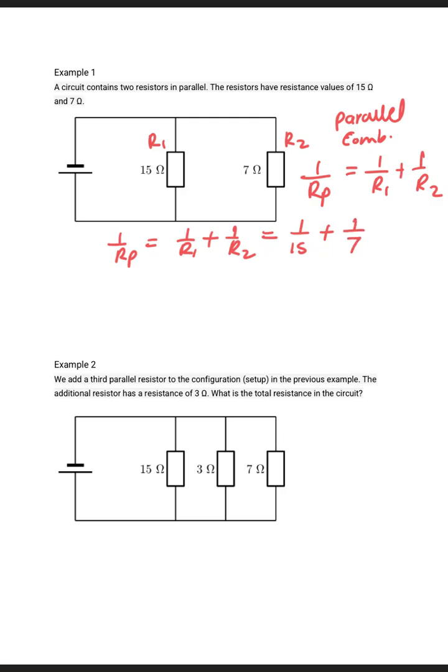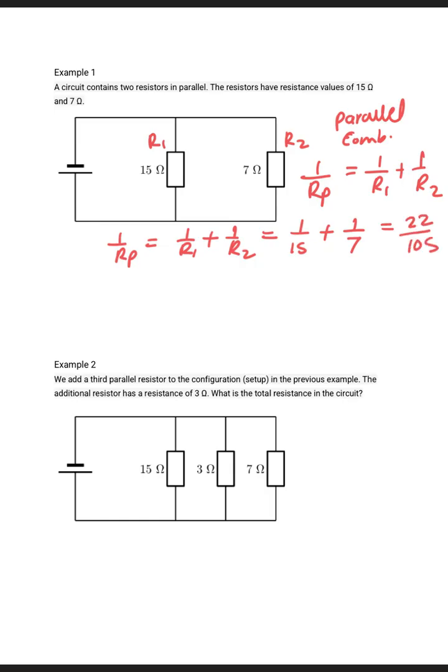And then we have 1 over 15 plus 1 over 7, which gives us 22 over 105.